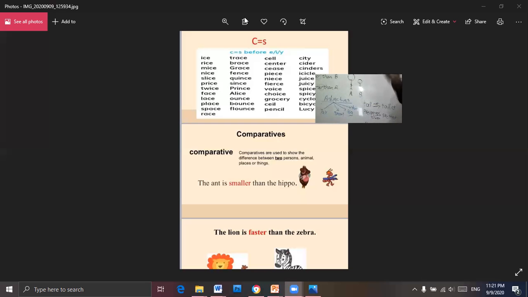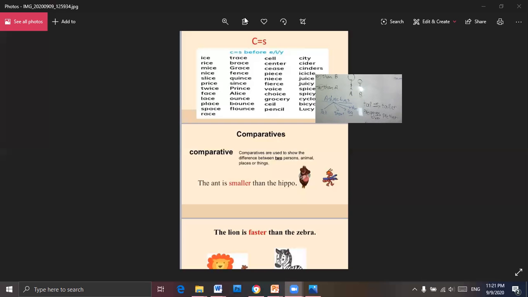So, to sum up, when we want to compare between two things, to show the difference between two things, we put the adjective, then we put er, like taller, shorter, faster than, slower than.